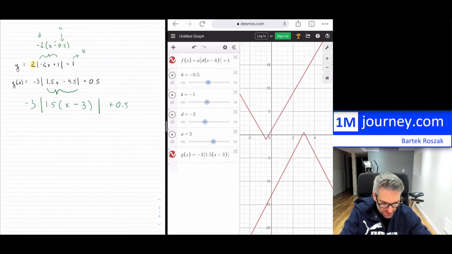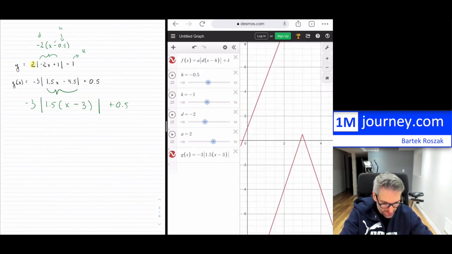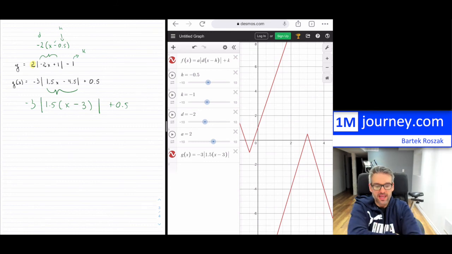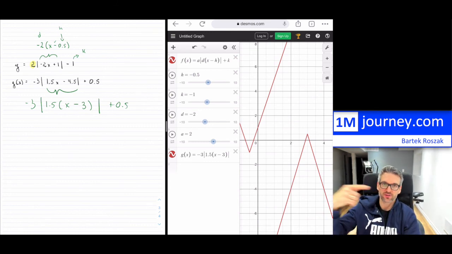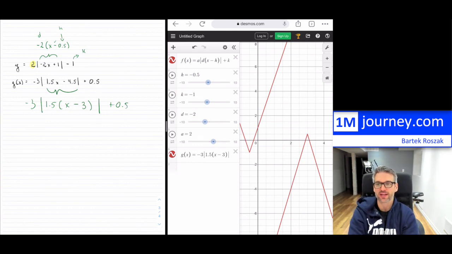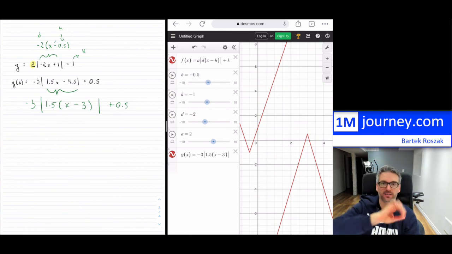So if I zoom in here, notice the -3 shifted it 3 units to the right, so that's my H. My K was 0.5, so it went up by a half, and then we had the 3 and 1.5, so those are our compressions and stretches, right? The negative in front means that it reflected it back.